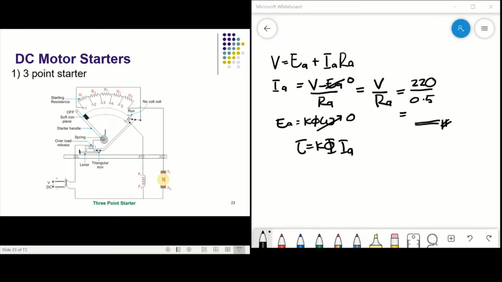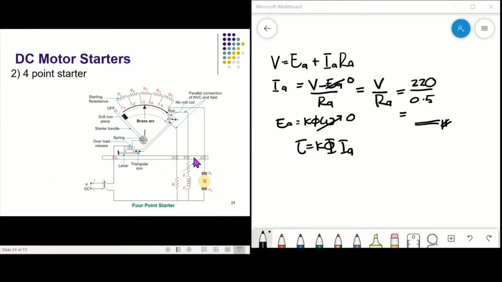And then when the motor is overloaded beyond a predefined value, the overcurrent release electromagnet gets activated, which short circuits the no voltage coil and hence releases the lever and the motor is turned off. This is for the 3-point starter.